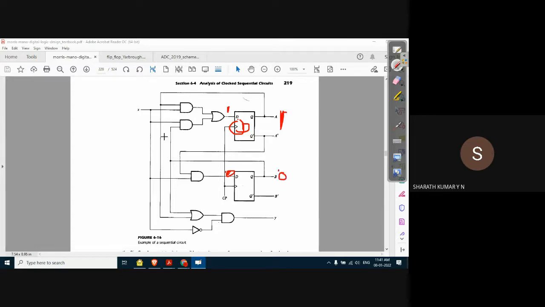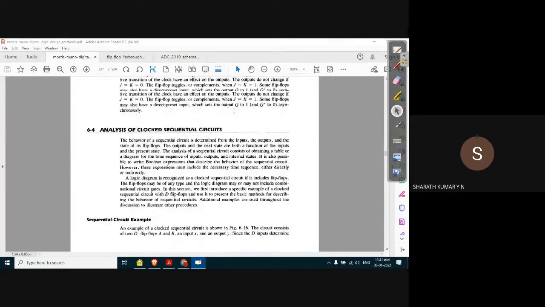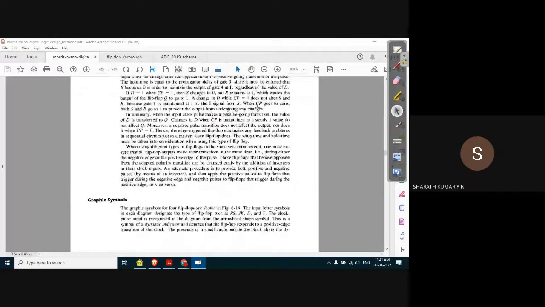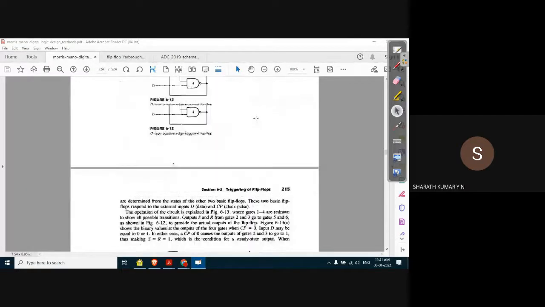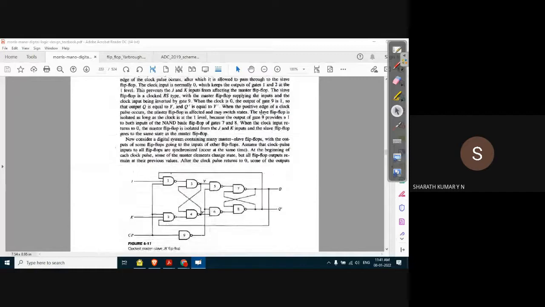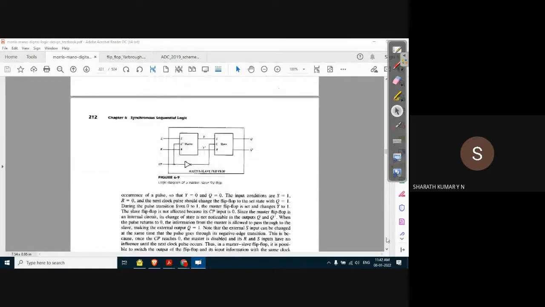Very simple. Now we want to build a sequential circuit for which the basic parts are the combinational circuit and the latches. I'm trying to search for that diagram. It's not here.